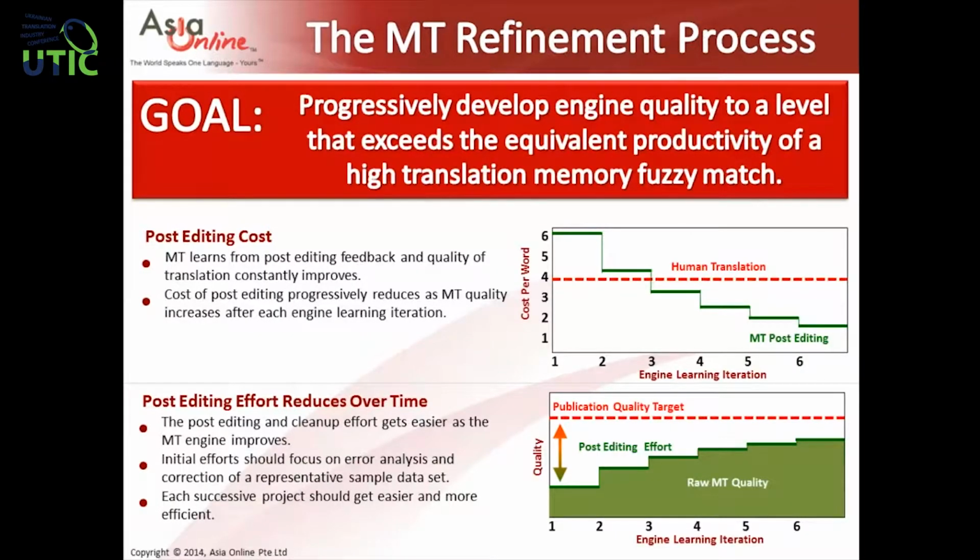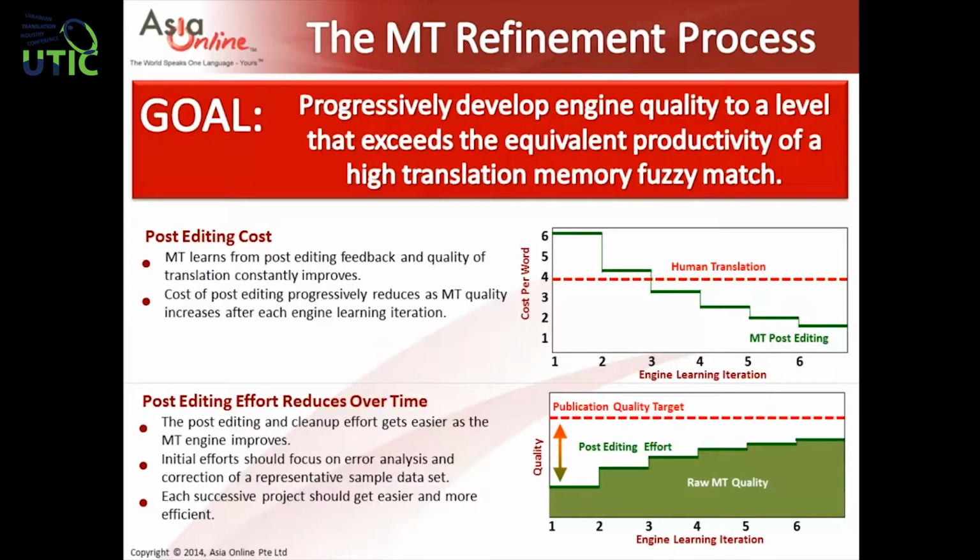It's important to understand that this is a process. It's a refinement process that requires iteration, so that you go in, you produce something. Your first cut of the engine might actually be worse than if you had just done it with human translation.